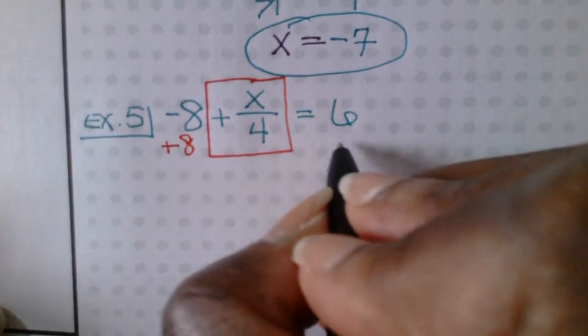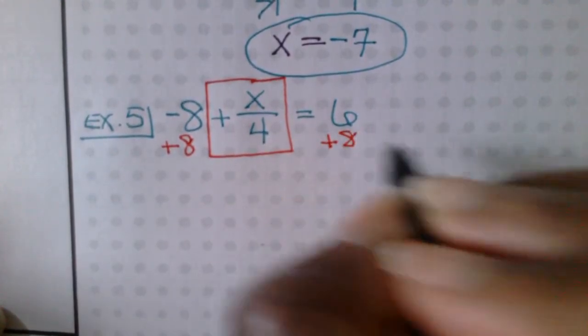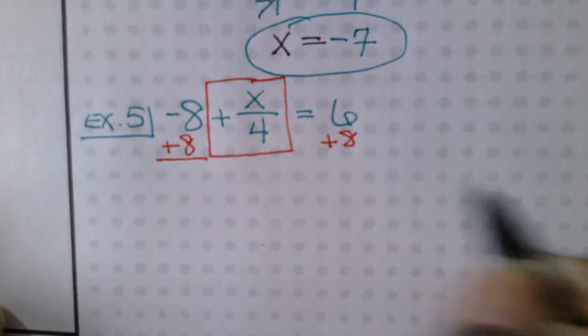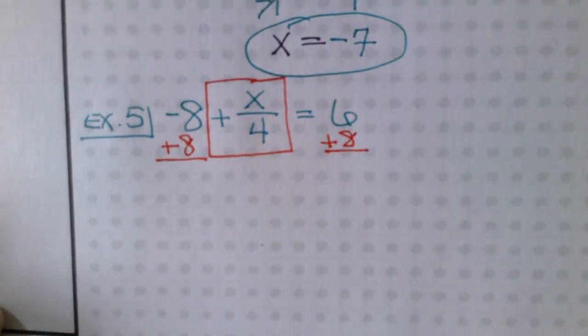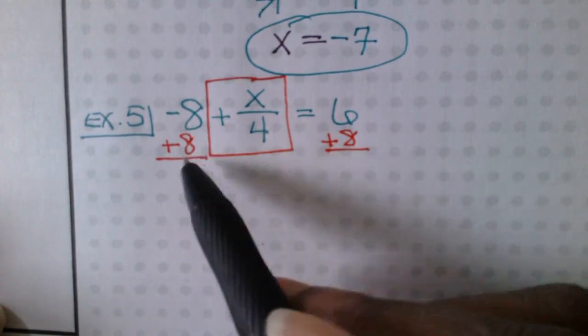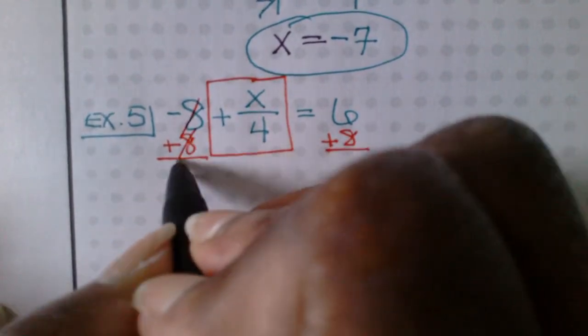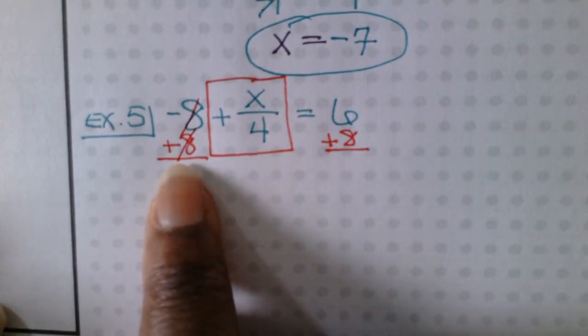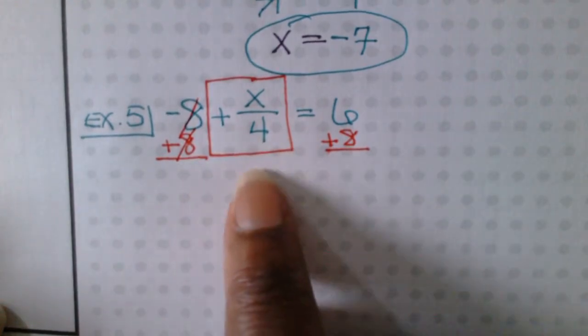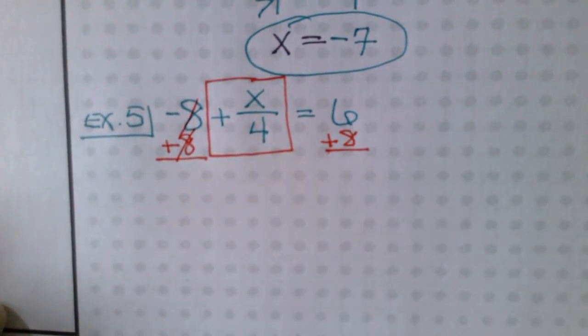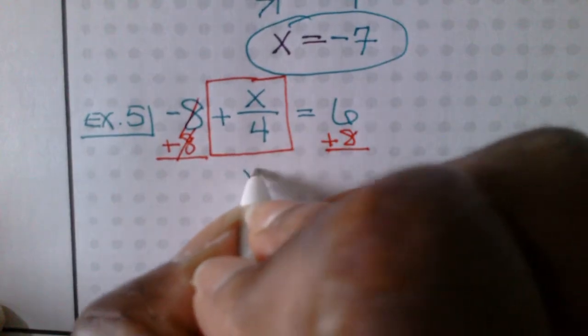So you're going to add 8 here, and you're going to add 8 here. Whatever you do on one side of the equal sign, you do for the other. So negative 8 plus 8 will give us our 0. And we don't need the 0 as a placeholder because we already have our x over 4.